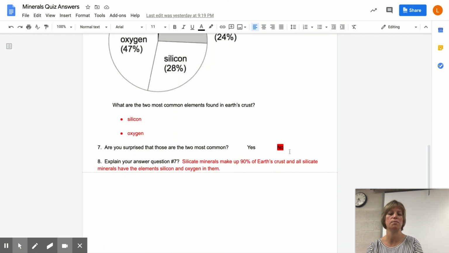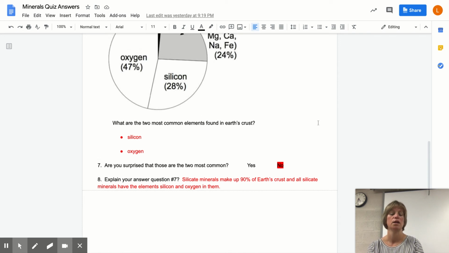Now, you should not be surprised that those are the 2 most common, and lots of people miss this one. Here's why. Remember the lesson where you interpreted a concept map and it said that we have silicate minerals and non-silicate minerals, and that silicate minerals make up 90% of Earth's crust.